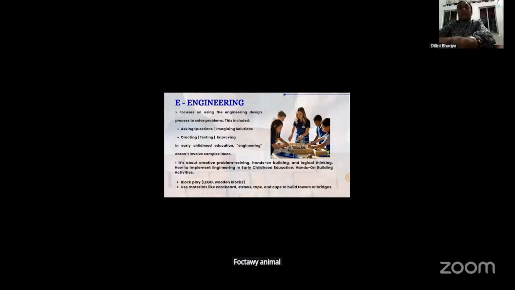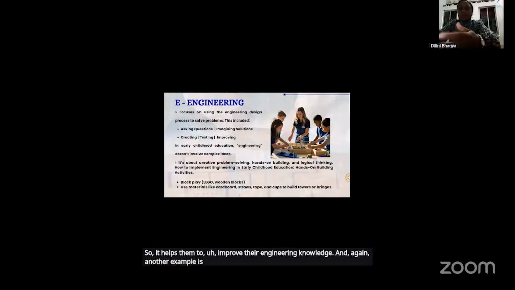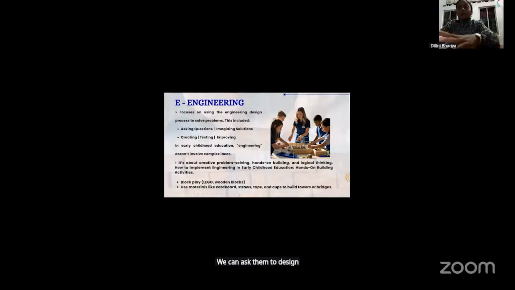We can ask children to build a bridge for a toy animal, which helps them improve their engineering knowledge. Another example is, after reading the Three Little Pigs, we can ask them to design a house that won't blow down.